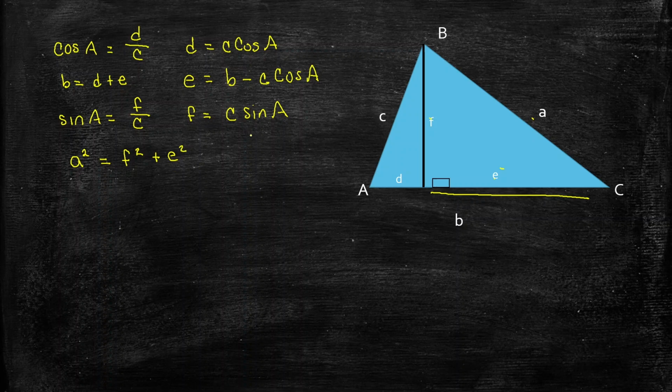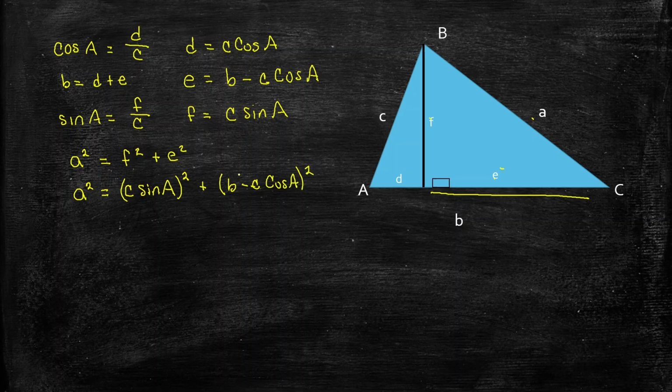And now I'm going to go ahead and substitute some of these in here. So F is c sine A, right? So a squared equals c sine A, and that whole thing is squared because that's f squared. And substituting in for e, plus b minus c cosine A, and that whole thing is squared.